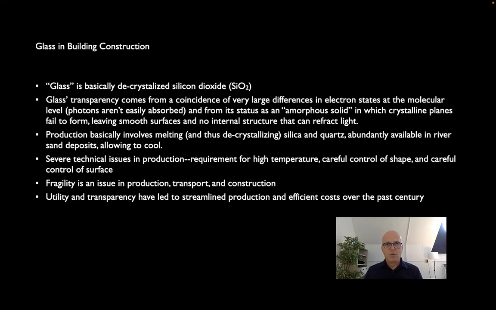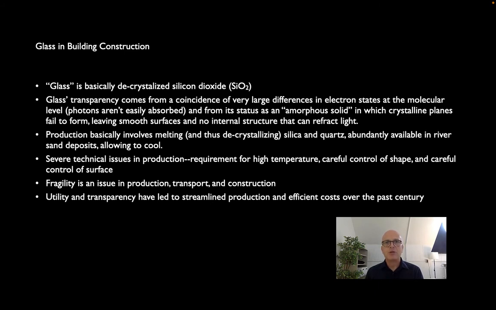And then once it has cooled, there have to be ways to finish or polish its surface, depending on what type of glass you want and how fine you want the material. As we all know, once you have made glass, that's only half the battle. You then have to transport it without breaking it, and its brittleness comes again from its chemical composition.